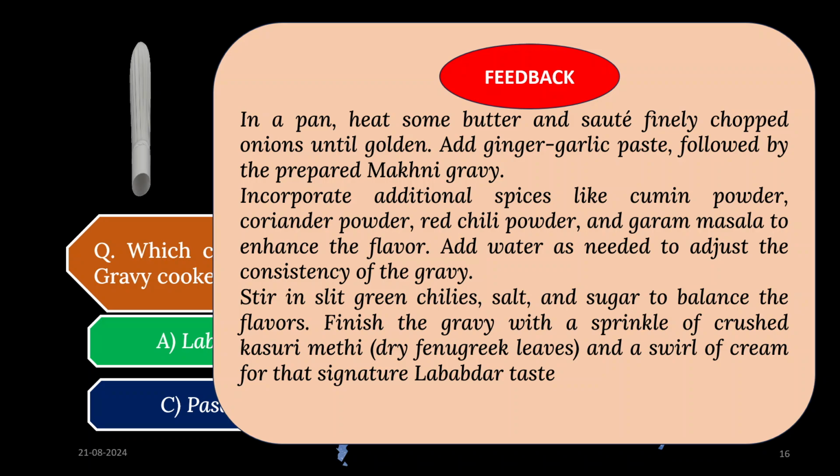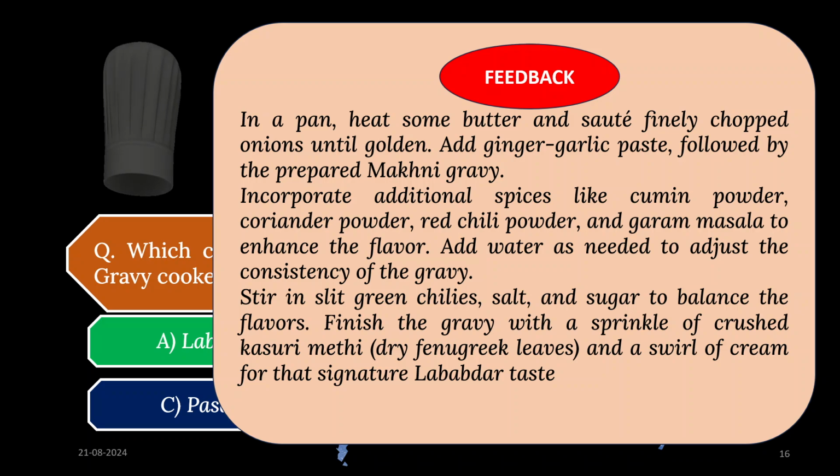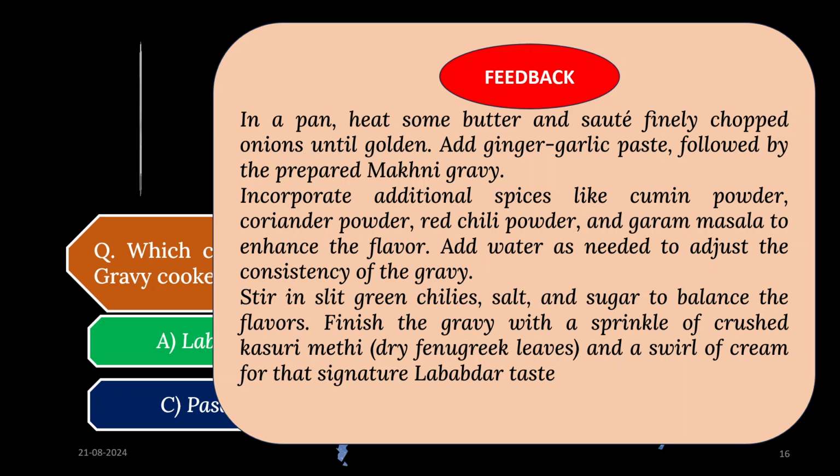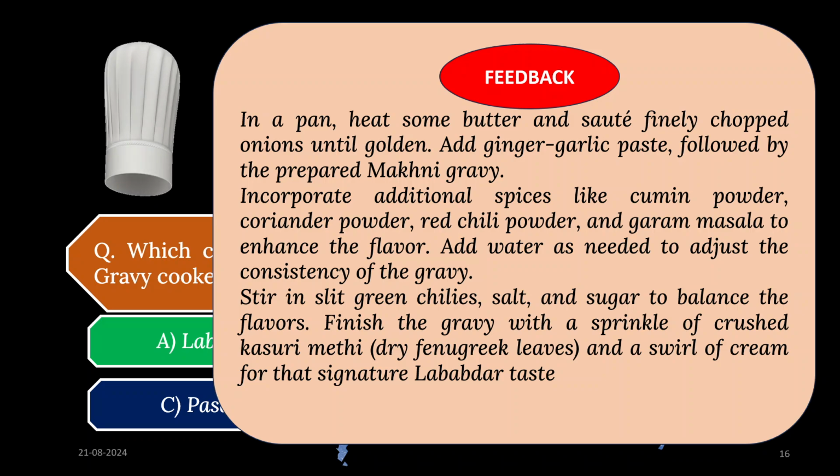Finish the gravy with a sprinkle of crushed kasuri methi, that is dry fenugreek leaves, and a swirl of cream for that signature lababdar taste. So here we have mentioned basically how a makhani gravy will be transformed to a lababdar gravy by this process.